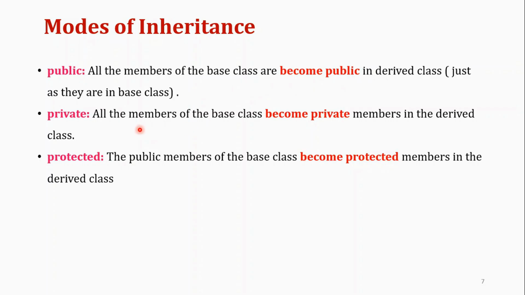Coming to private, if you inherit the members in a private mode, all the members of the base class become private in the subclass. Okay. So if you inherit in a private mode, all the members become private in the derived class. And third one is protected. All the public members become protected members in the derived class.